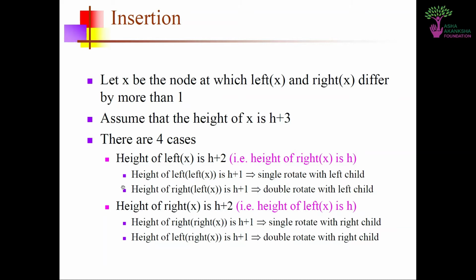Then there is the opposite case, in which the height of right is h plus 2 and the height of left is h. In this case also, if it is right of right, then we have to perform a single rotation. But if it is left of right, then we have to perform a double rotation. So if they are the same, left of left or right of right, we perform a single rotation. If they are different, right of left or left of right, then we perform a double rotation.